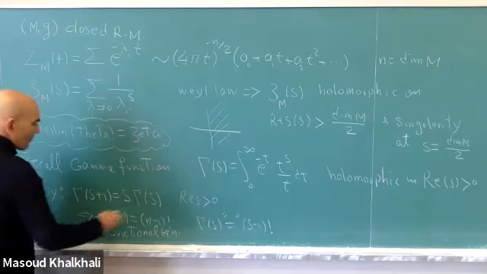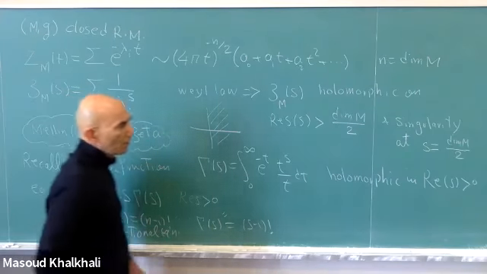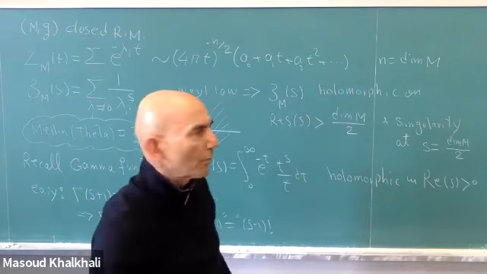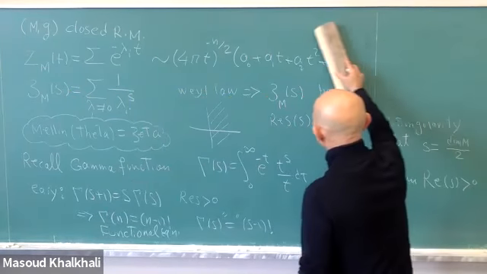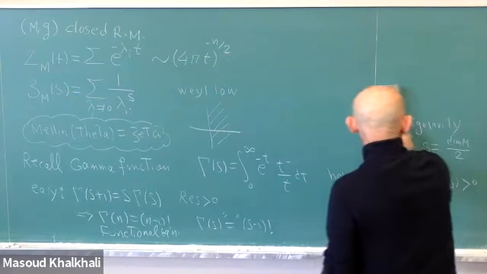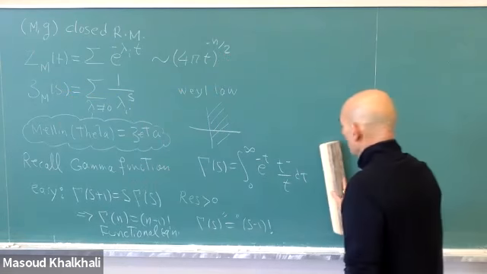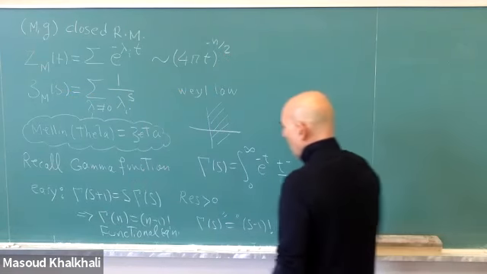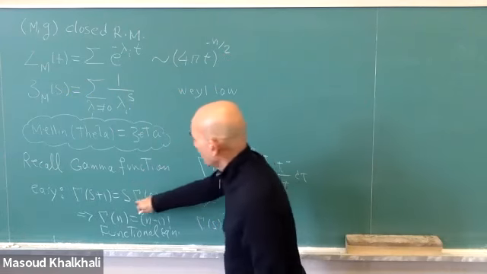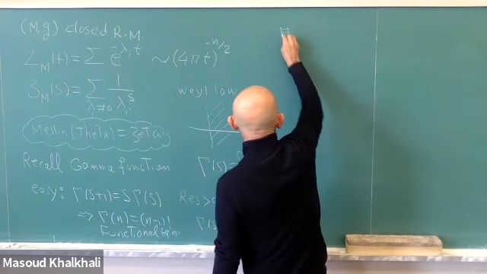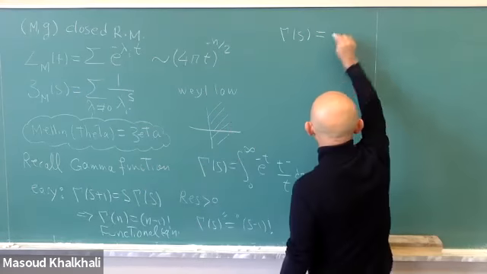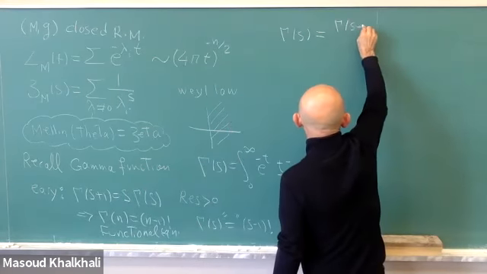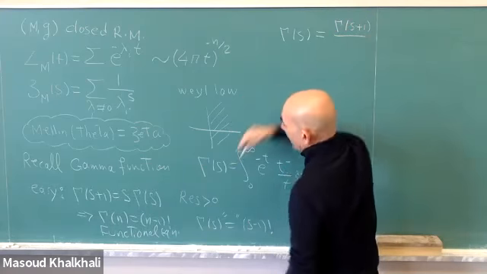For gamma, we can use the functional equation to extend the gamma function as a meromorphic function to the whole complex plane, like this. You can just say gamma of s is equal to gamma of s plus 1 over s.